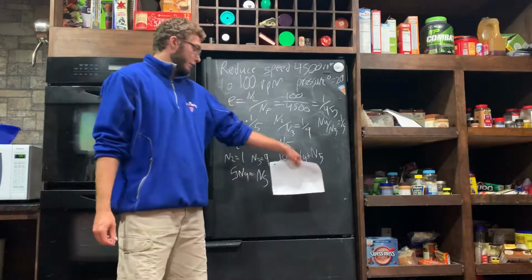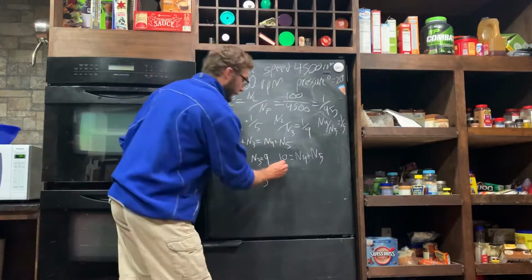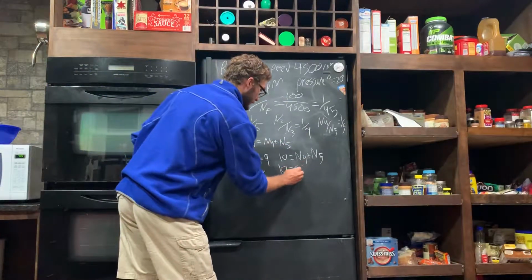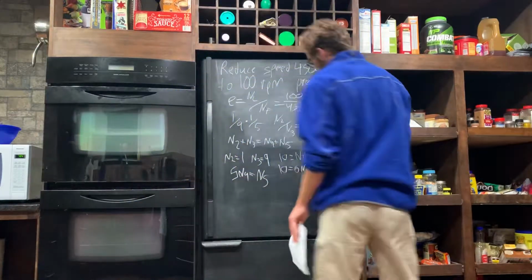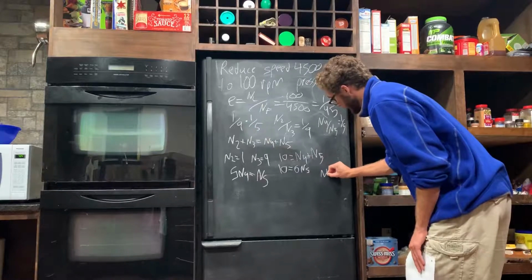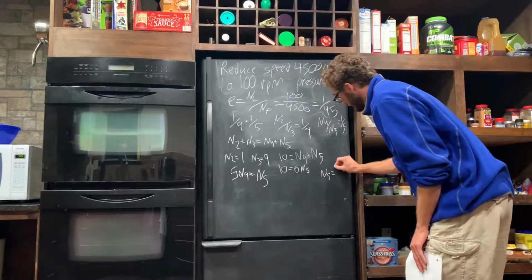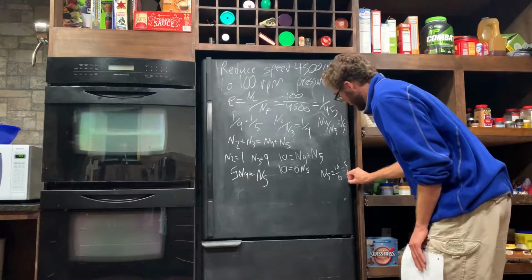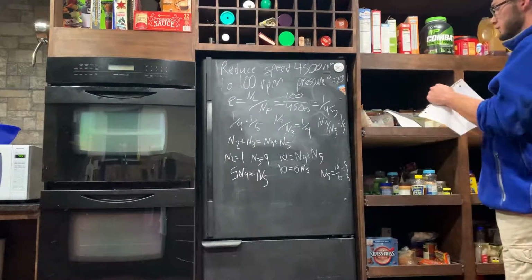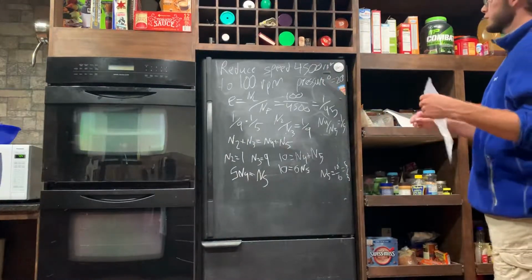Plugging that back in, we get 10 equals 6 N5, so N5 is equal to 10 over 6, or 5 over 3.